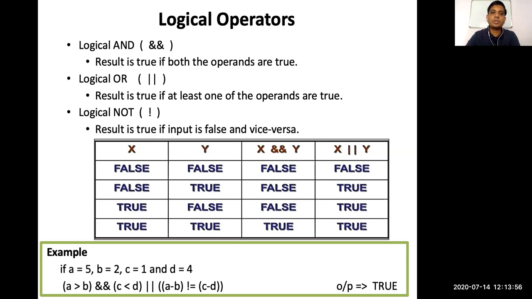Here if X and Y both are true, then only the whole result is true.